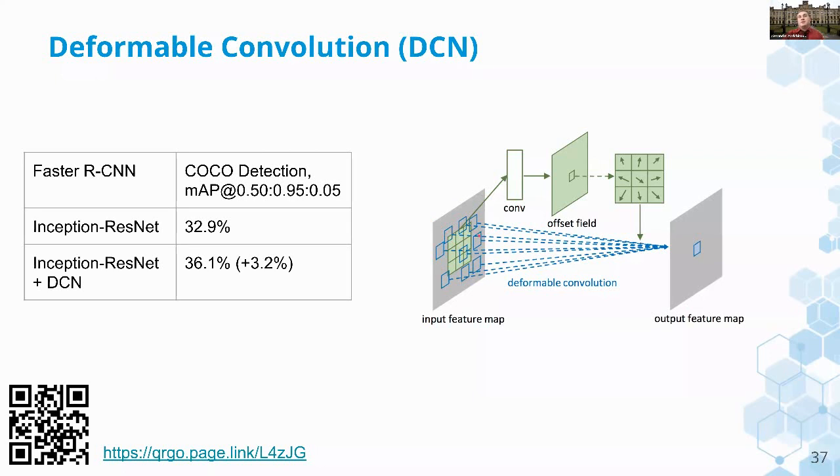Such a way of implementing this deformable convolution layer will be well optimized by the underlying hardware, will create only a moderate overhead over classical convolutional layers, and obviously will increase the performance of our model. And on the COCO dataset, adding deformable convolution increases the performance of models by 3%.